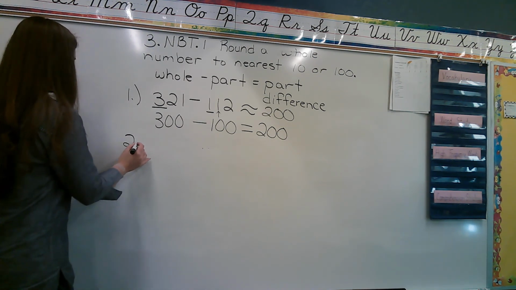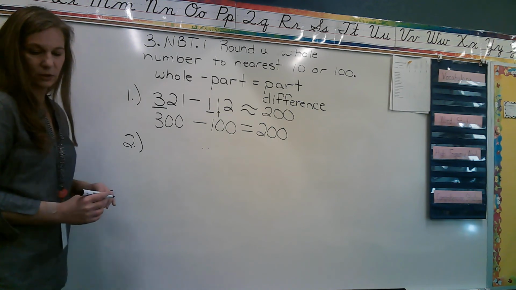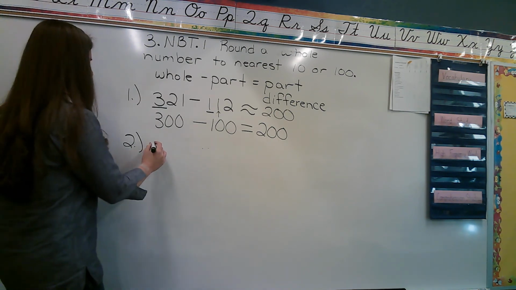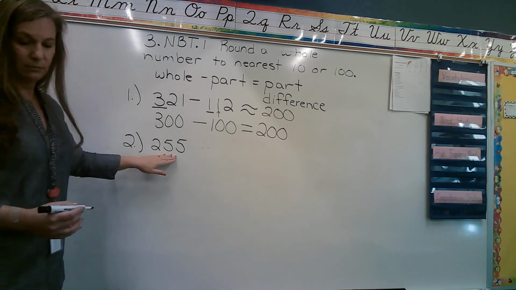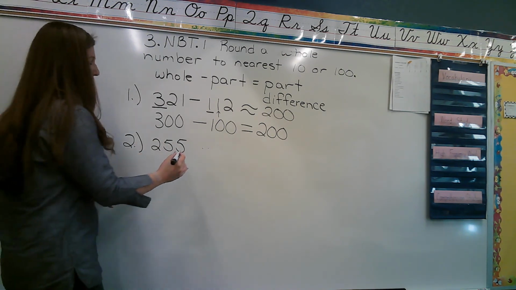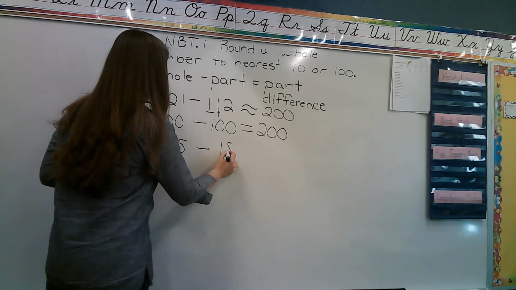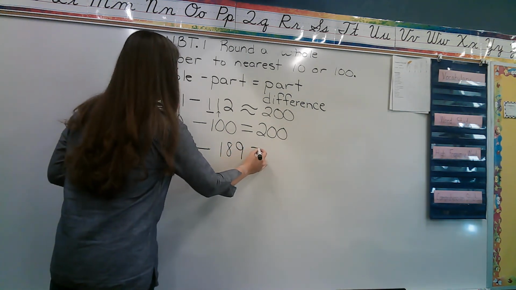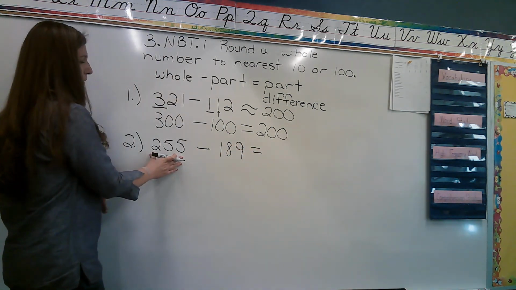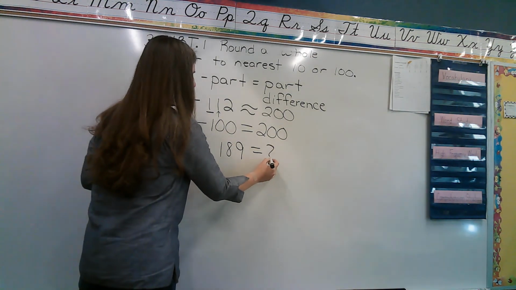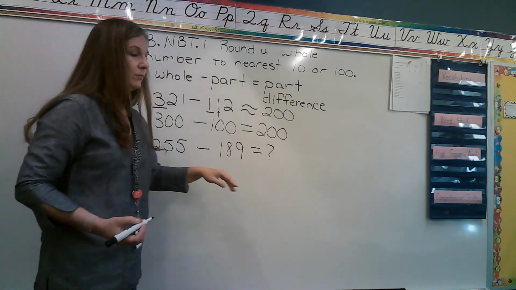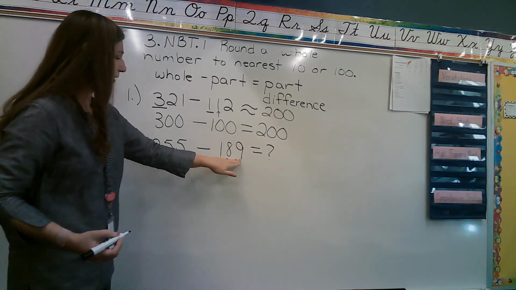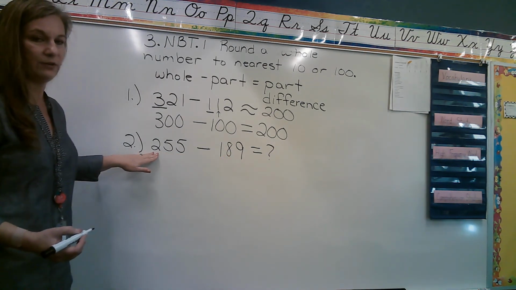So let's look at number 2. Again, we're rounding to the closest 100. So I have 255. That's my total, or my whole. I'm subtracting 189. That's part of this whole, and we want to know what's going to be the other missing part, or the difference between 189 up to 255.